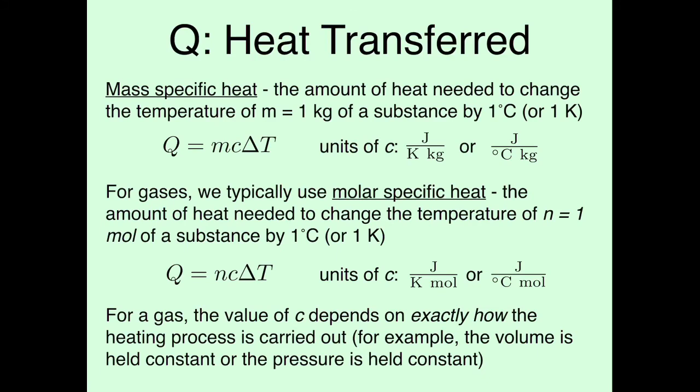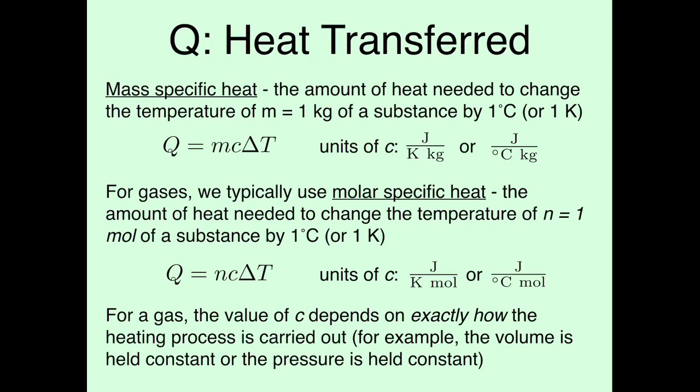There's actually another way to do this. We can have a molar specific heat. So this is the amount of heat you would need to change the temperature of 1 mole of a substance by 1 degree Celsius or 1 Kelvin. So we're changing the way we refer to the amount of material. Instead of referring to a mass, 1 kilogram, we're referring to actually counting molecules, 1 mole. So this changes things a little bit.